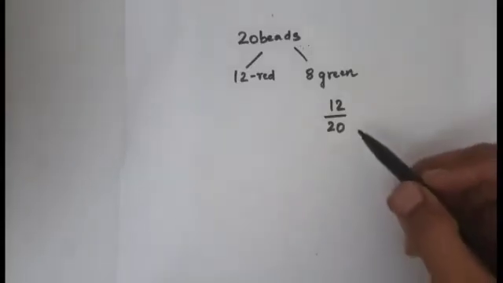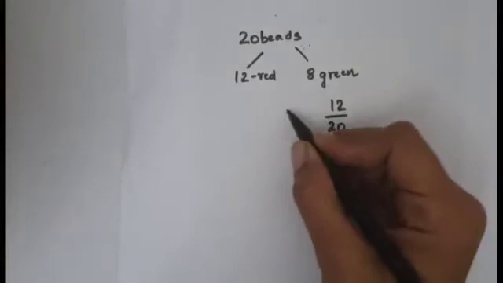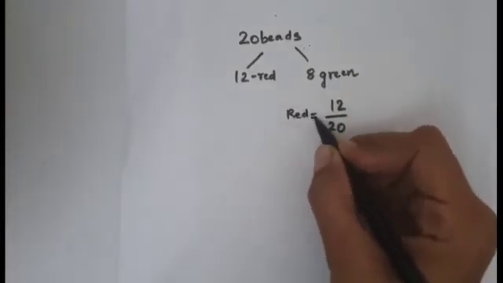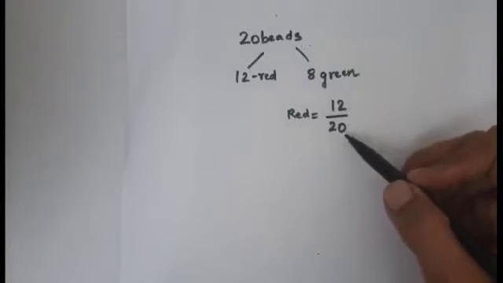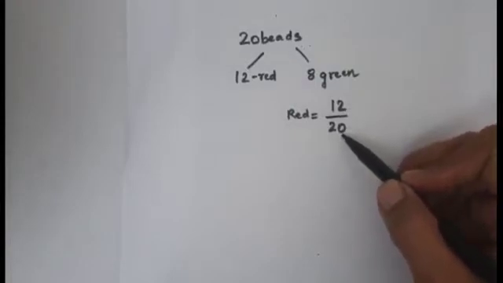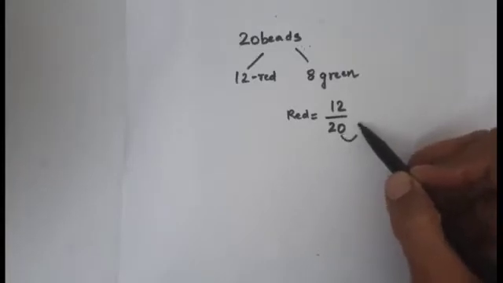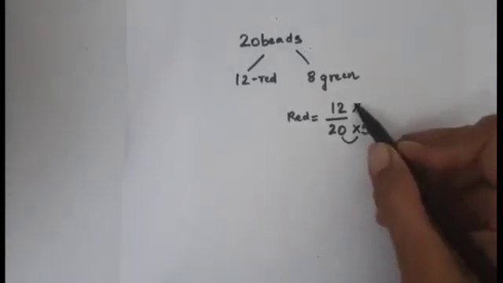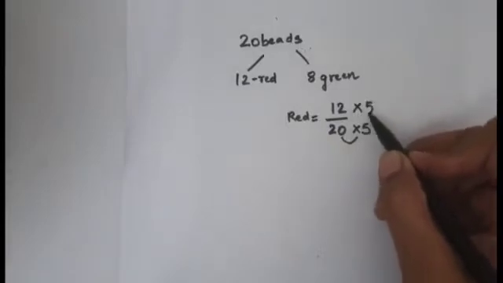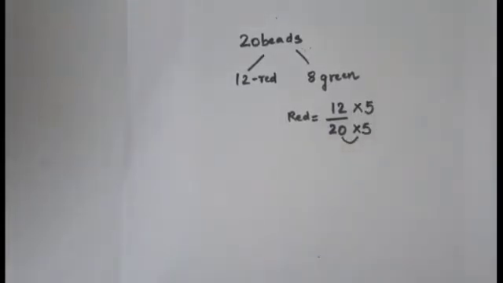Now, the fraction for red we are having is 12 upon 20. Now, in the denominator, we have to make what? 100. It means if we multiply it by 5, we can get 100. So, same in the denominator also, we will multiply it with 5.